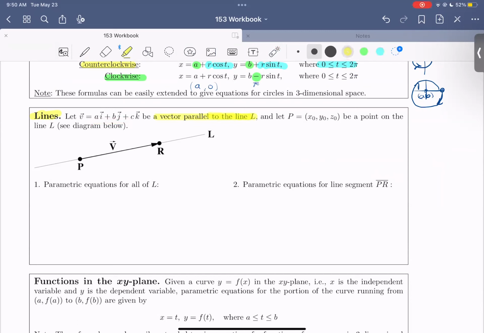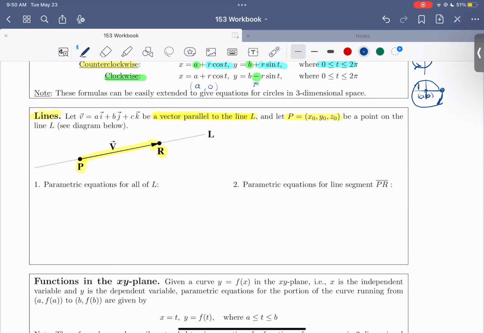And let P be the point x naught, y naught, z naught, a point on the line. We can see this set up in the diagram. So P is here, R is here, R is at the end of some vector V that lies on our line. There are actually many ways that we could write the equation for this line L.